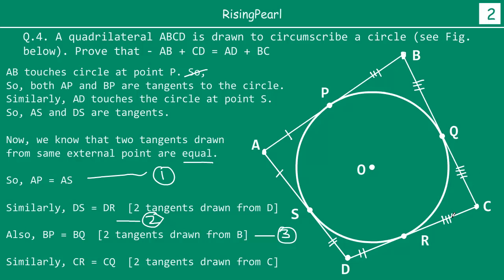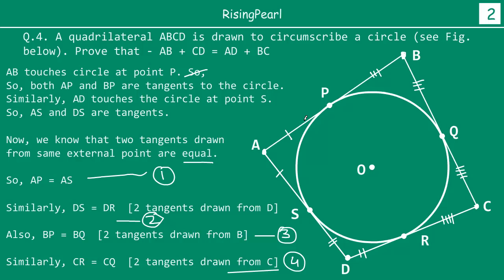Let's call the last one equation 4. I just want to make one quick point and remind you that this and this length are equal, and this and this length are equal. But please do not misunderstand that AP somehow is equal to BP, because we do not know any information between AP and BP.